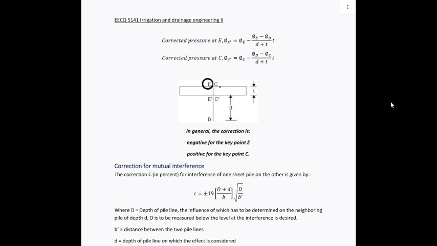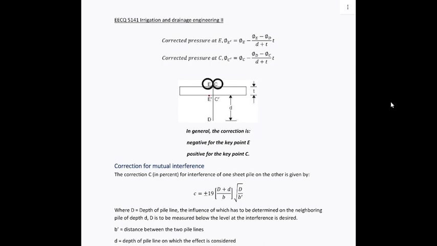So you have calculated E and C. Of course, in the figure, we have called it E1, C1 for purposes of differentiating it from the downstream one, so EC. But essentially, what we want to calculate is the pressure at the joint of the pile with the bottom of the floor on both sides.